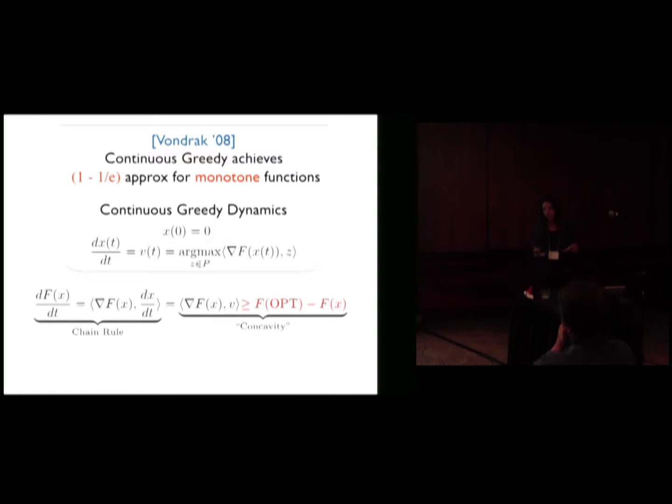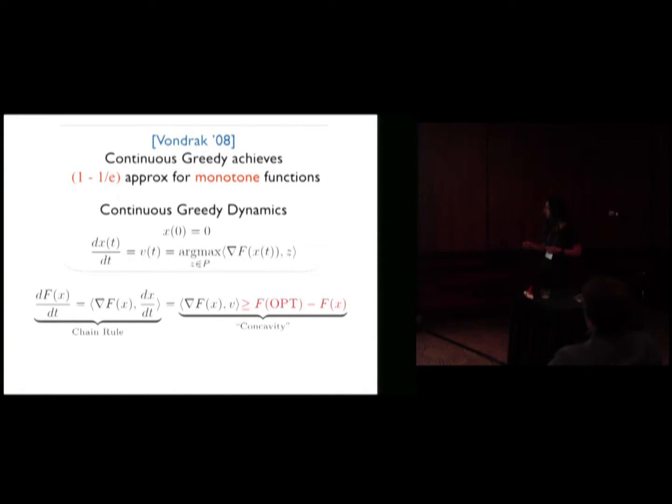And how do we understand that? Well, there's a very simple rule called the chain rule that allows us to relate the gain in fractional value to the increase in the fractional solution. It's simply the gradient times the increase in fractional solution. So it's the gradient times this direction v according to which we move.